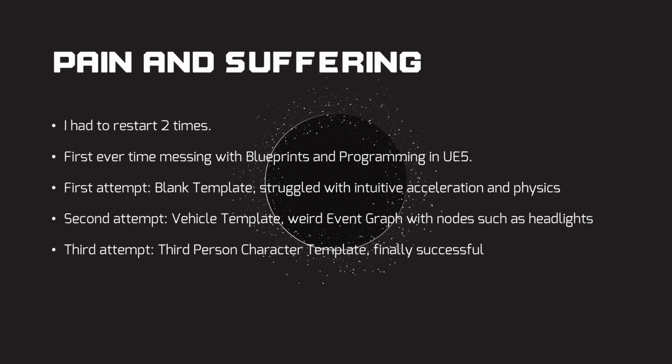Now, for the third attempt, I asked one of the programmers on my indie game team for advice, and they told me to use the third person character template. At first I was like, wait, what? Why are we using the third person character template for a racing game? I have to build the finish line on my own.